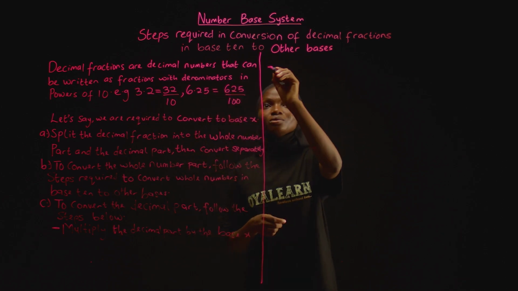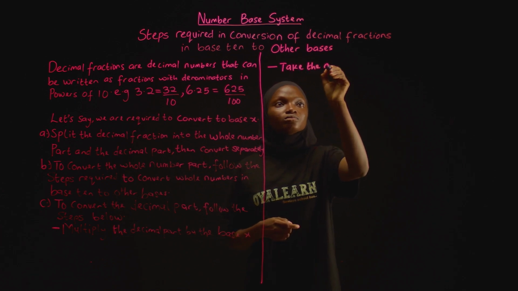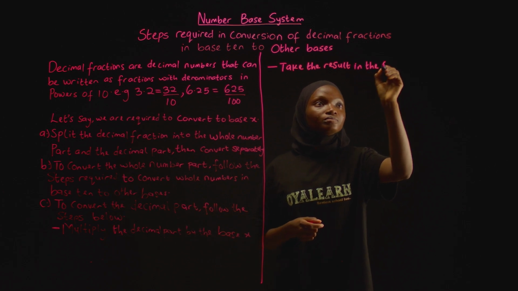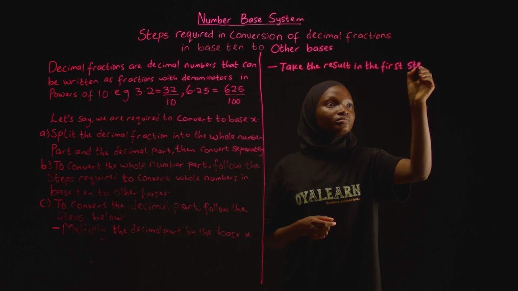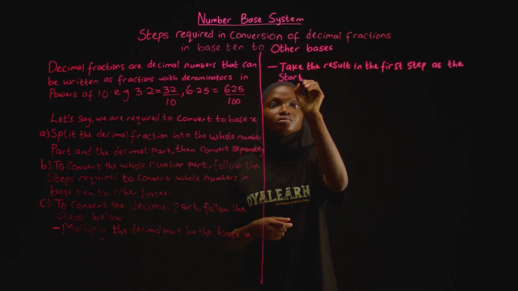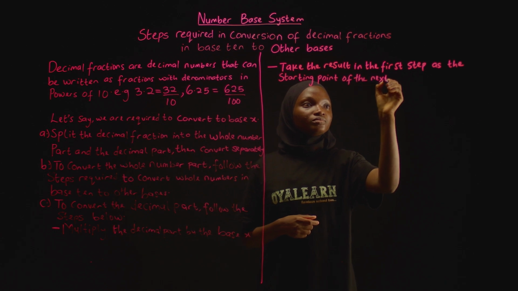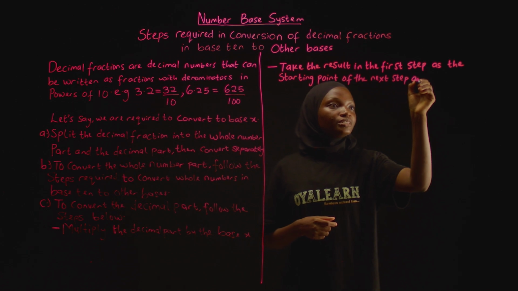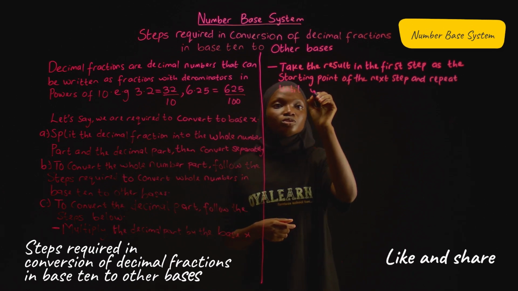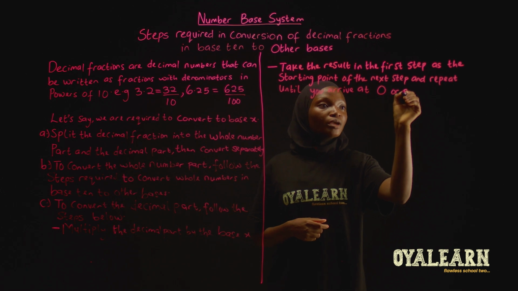Now the next step, after this step, we take the result that was gotten in this first step, as the starting point of the next step, and repeat until you arrive at 0 or a periodic number.